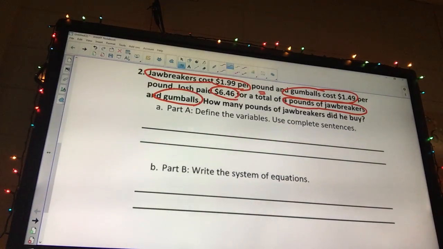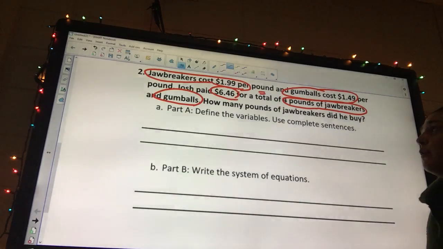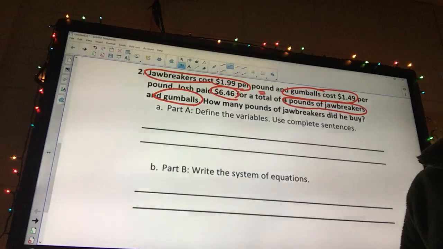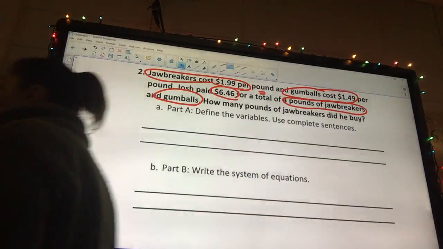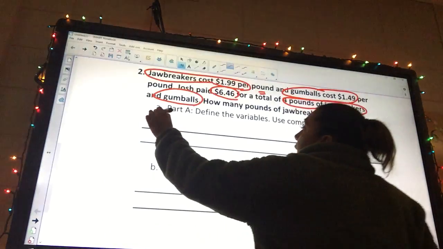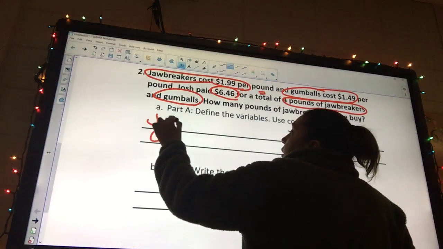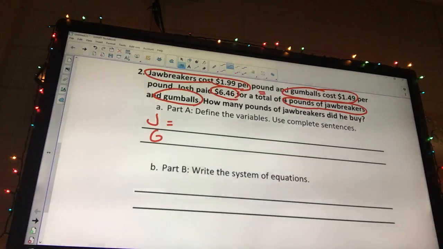So part A says define the variables, okay? Now, you can use J and G, Jawbreakers and gumballs, or you can use X and Y. It really doesn't matter. You pick whatever letter you're feeling. So I'm going to use J and G. So what are we looking at?